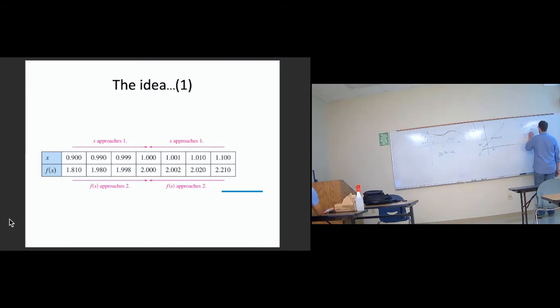G at 1 does not exist. But what the limit would tell us is that the limit as x approaches 1 of g of x is equal to 2.